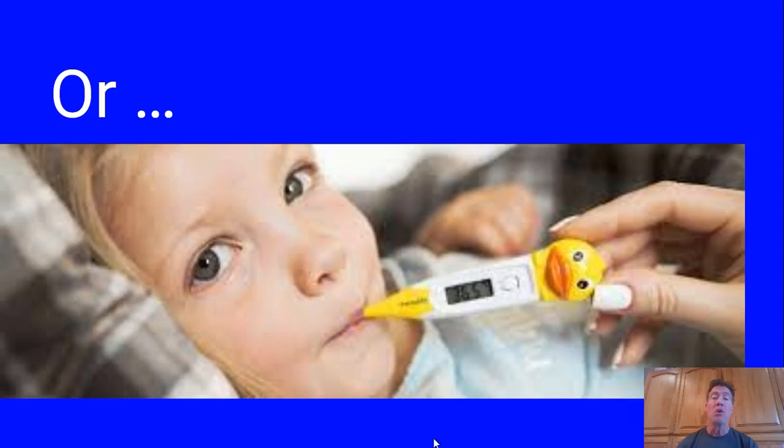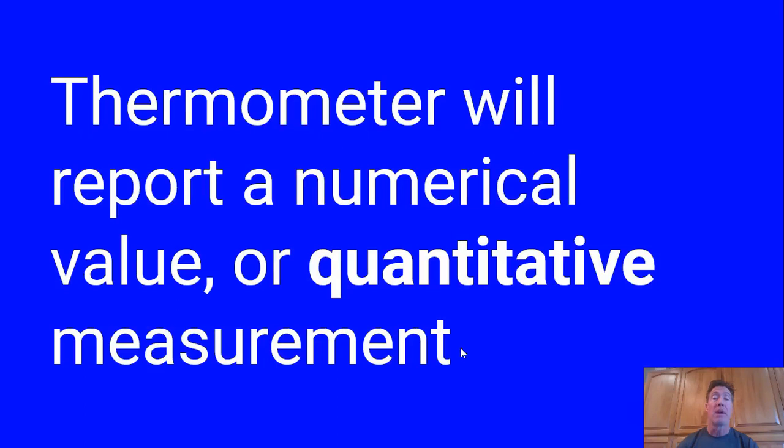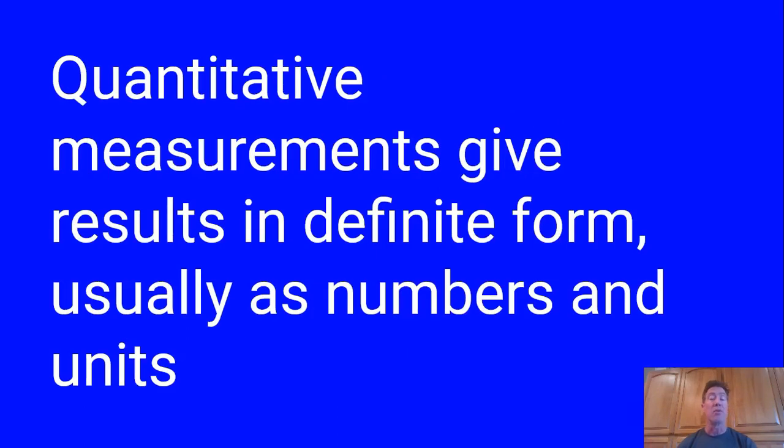Or you could use a thermometer and you could get a numeric value, and that will give you a quantitative measurement. Quantitative measurements give the results in a definite form, usually as numbers and with units. So you might say, oh yeah, she has a temperature of 101 degrees Fahrenheit.